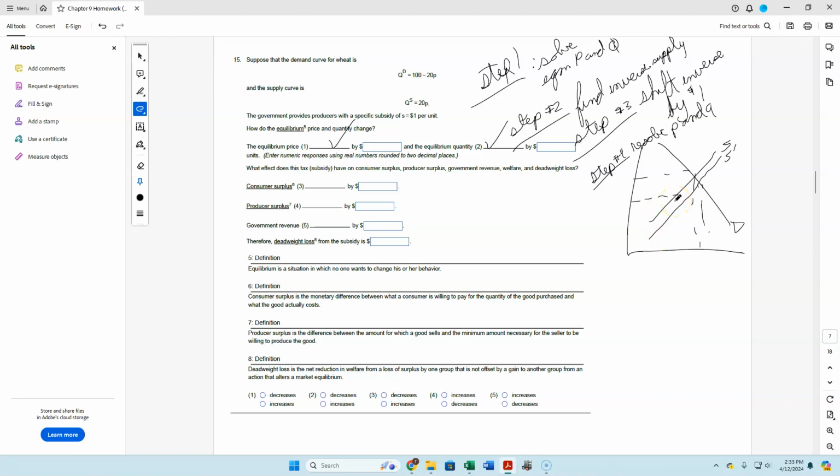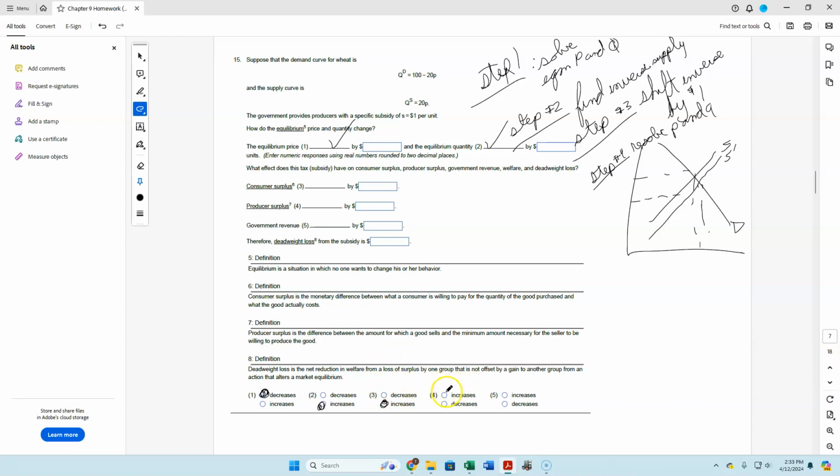What do we know would be true? We know to be true that the equilibrium price should decrease. That's the whole point of the subsidy. That the equilibrium quantity should be increasing. That the consumer surplus should be increasing.